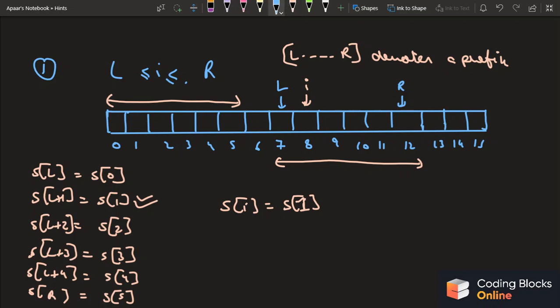If these strings are equal and this is the largest prefix that I got, yes, S1 equals S8, and this substring equals this substring from 7 to 12, that is S0 to 5 equals S7 to 12.